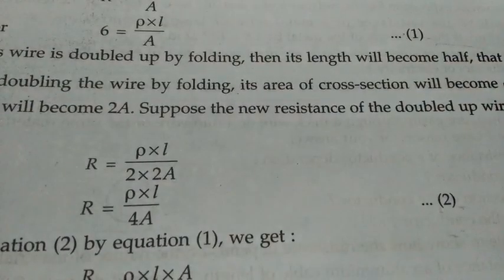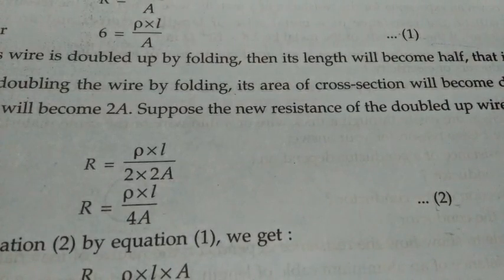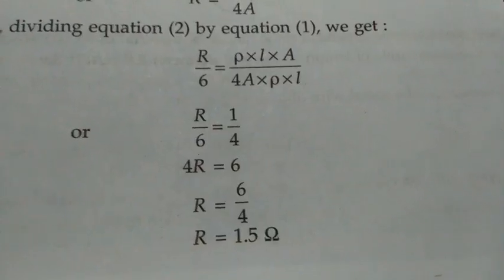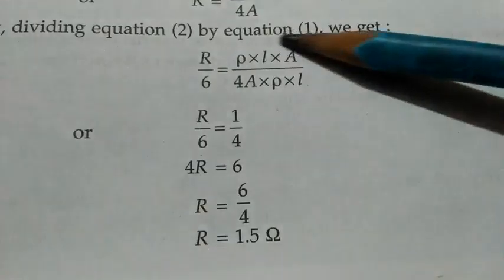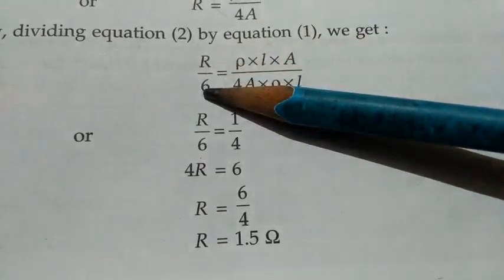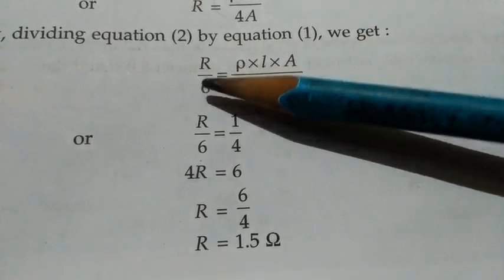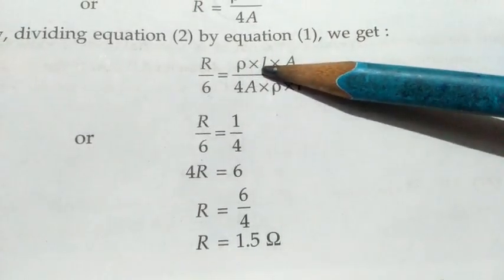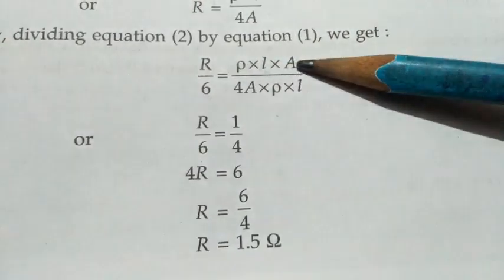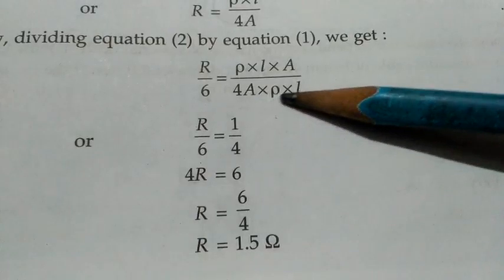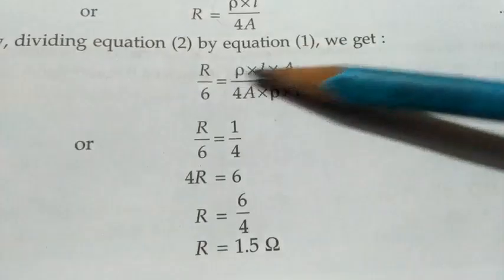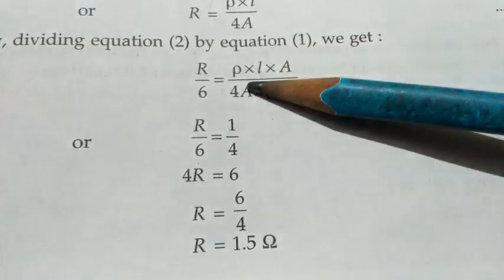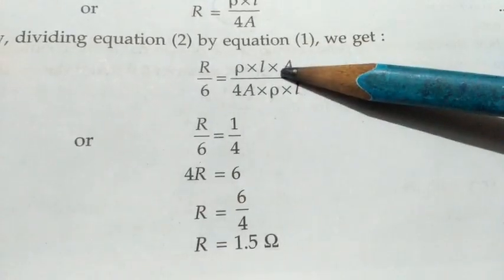When we write it in dividing form and rearrange it, we get this type of equation: R upon 6 equals rho into L into A upon 4A into rho into L. Now rho and rho, L and L will cancel, A and A also cancel.